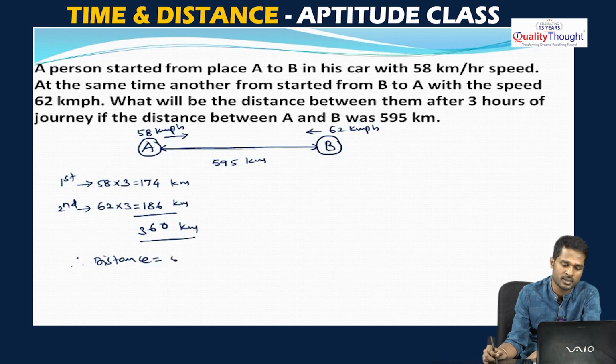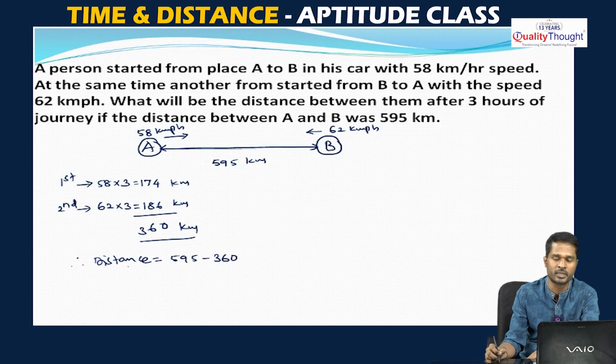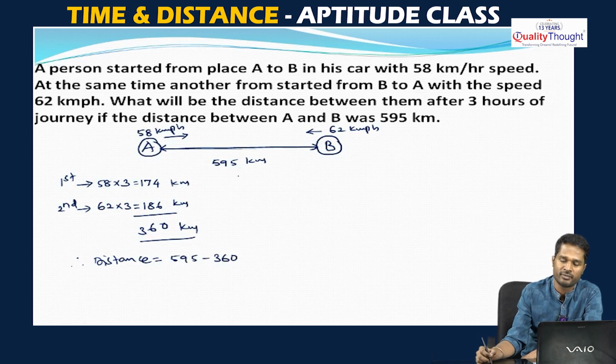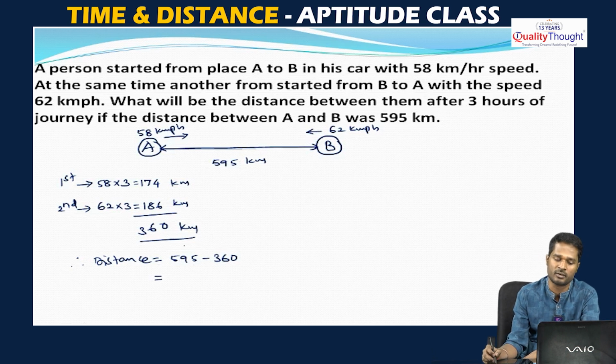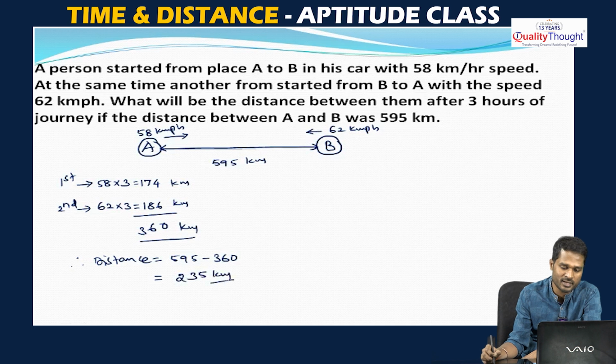The total distance is 595 kilometers, minus the 360 kilometers they traveled together. Now the remaining distance is, 9 minus 6 is 3, 5 minus 3 is 2. Now still there is a distance of 235 kilometers between them.